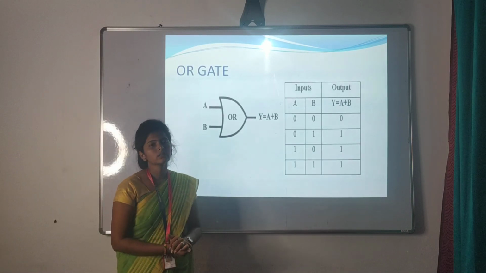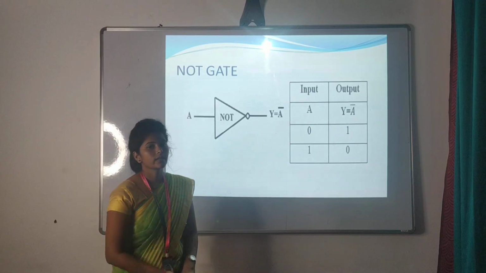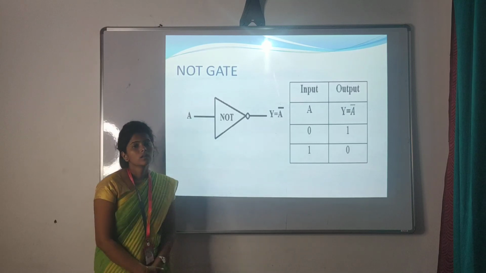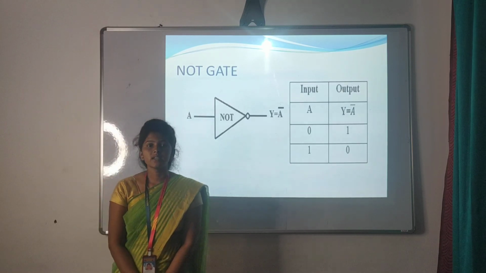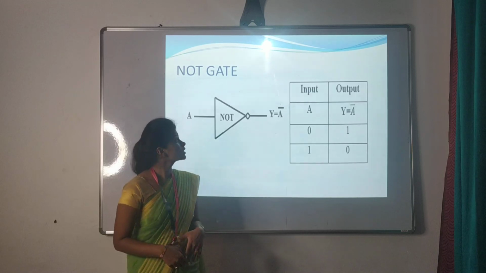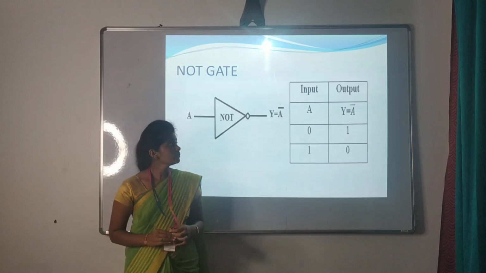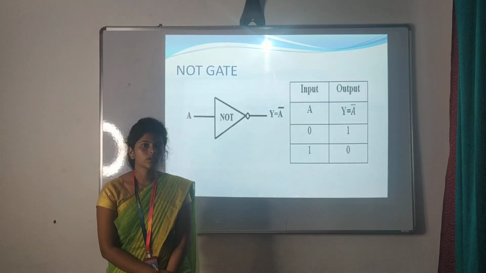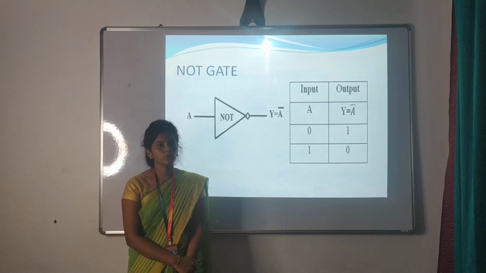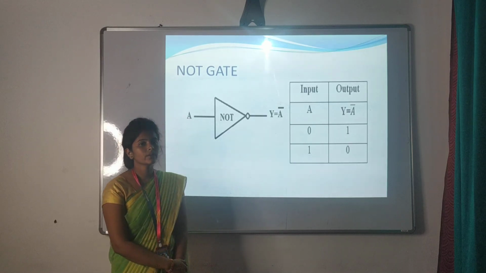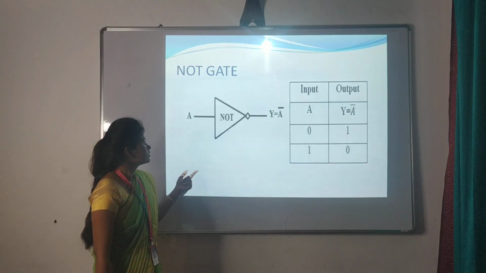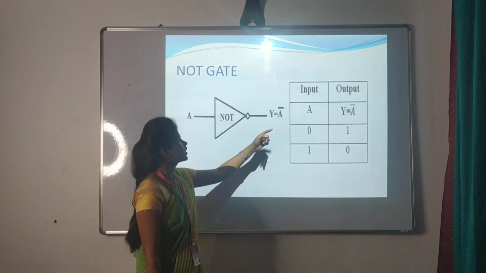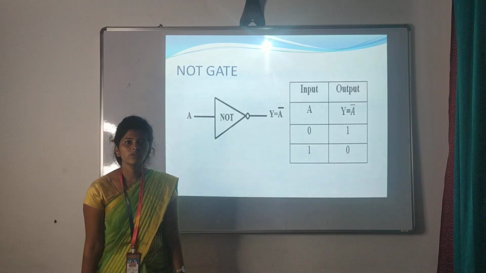Then the next basic gate is the NOT gate. The NOT gate is also called the inverting gate because its output is the complement of its input. Here we can see the logical symbol of the NOT gate, the Boolean equation of the NOT gate, and the truth table of the NOT gate.